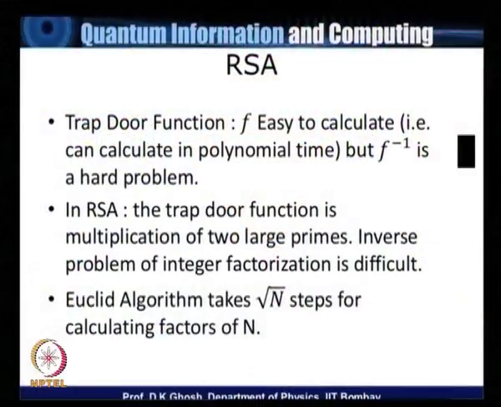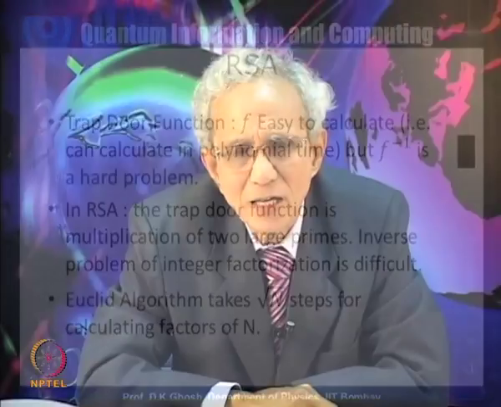Just to go back to our school days, we used to use what is known as the Euclid algorithm for calculation of factors. What we used to do is to try repeated division.